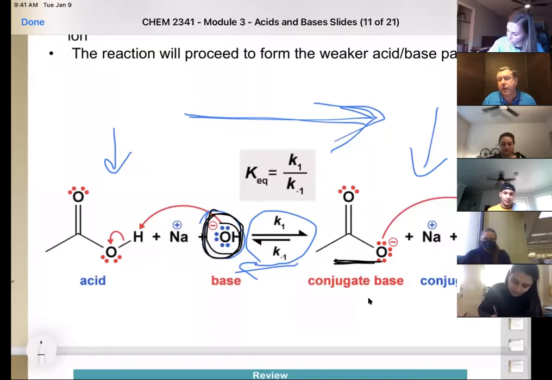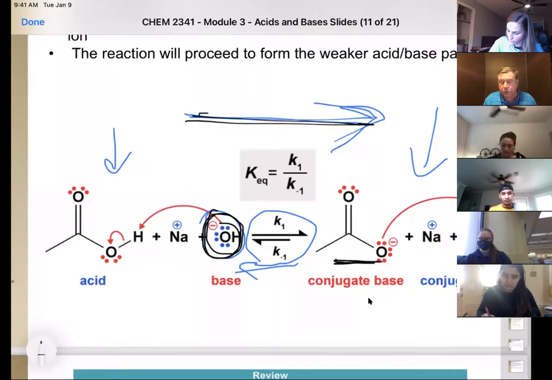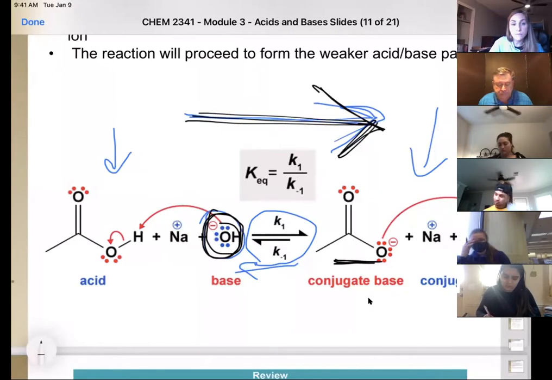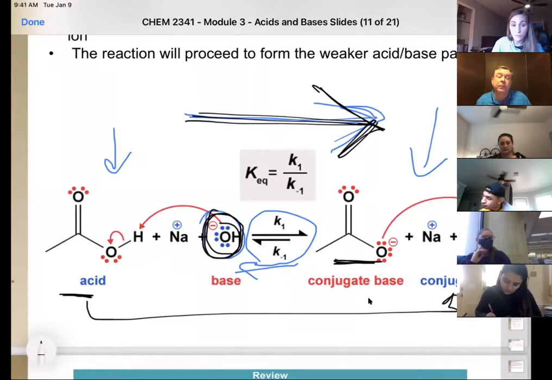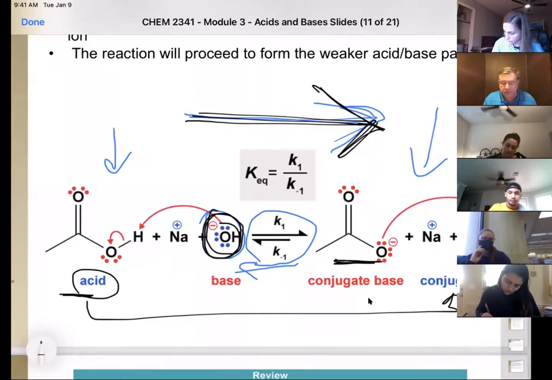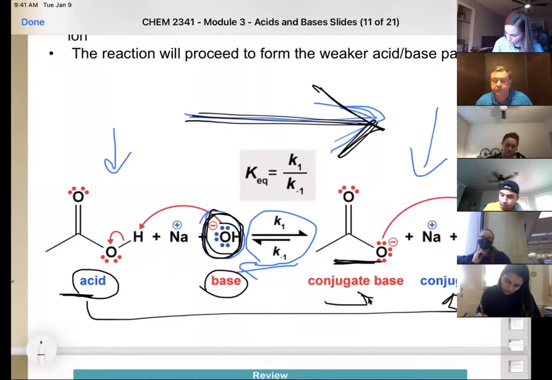Okay, so if the hydroxide's the stronger base, that means the reaction is going to be shifted more toward the weaker base. Okay. The other thing we can look at is the stronger acid is always going to be transported to the weaker acid as well. Okay, so in this case, these are both the stronger acid and stronger base going to the weaker acid and weaker base. That's the driving force to drive it to products.